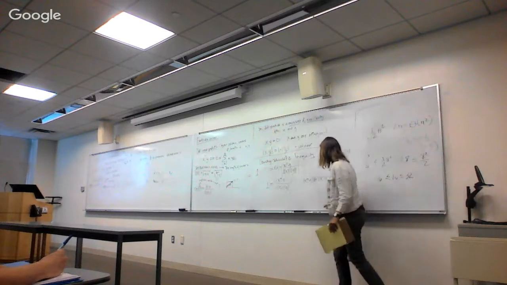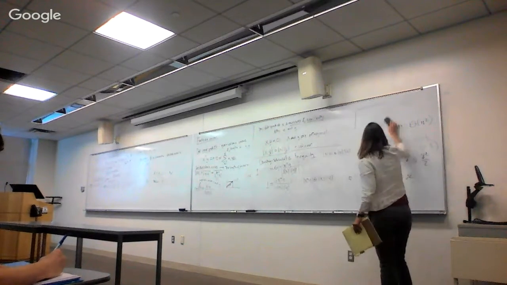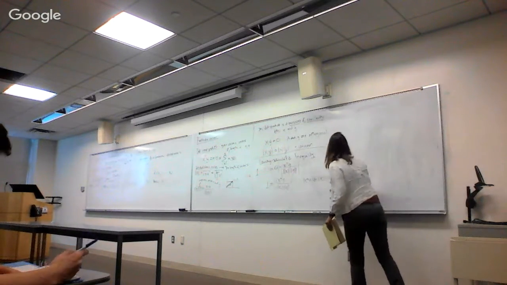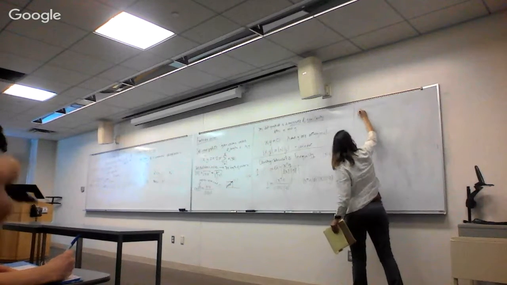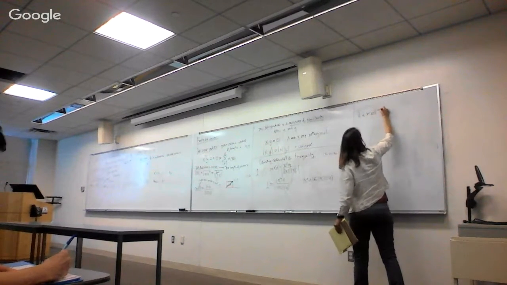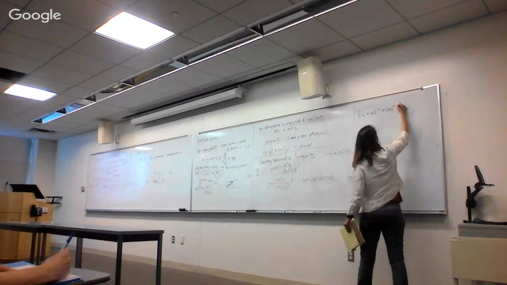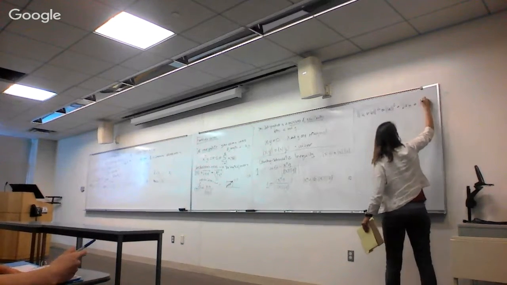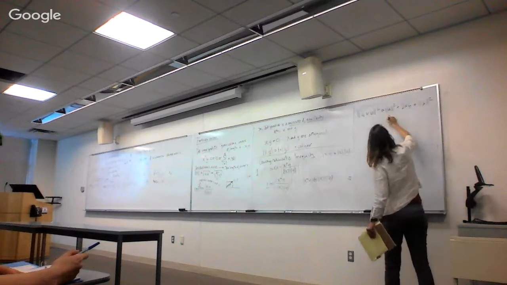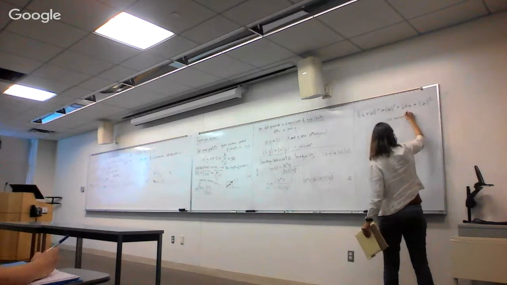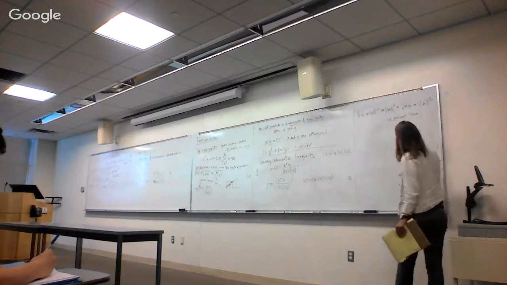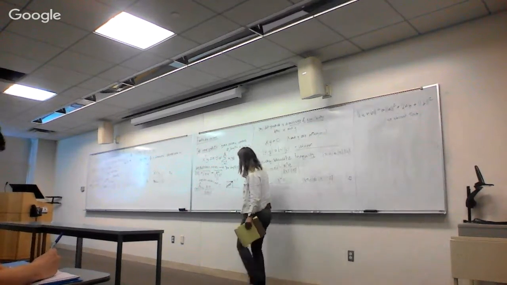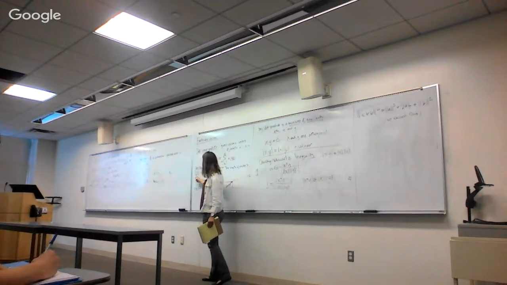I'm not going to prove this again, but it's another thing that I showed last time that you may need at other times. To show this, all you're going to need is the definition of the Euclidean norm.